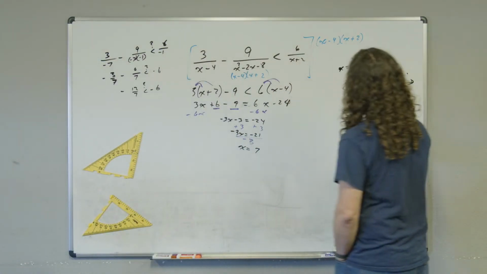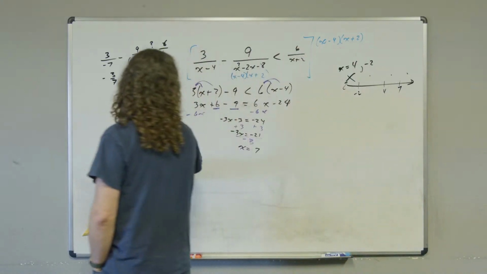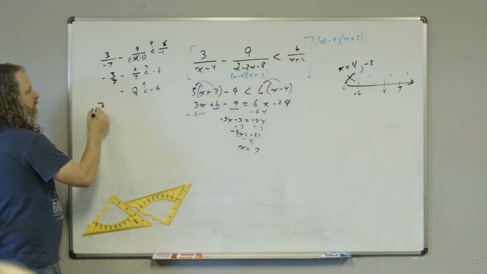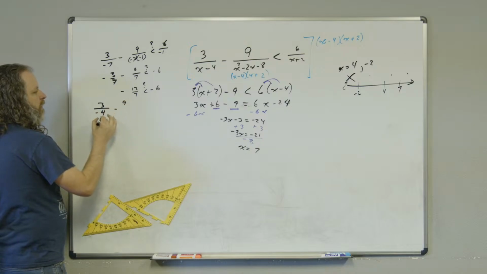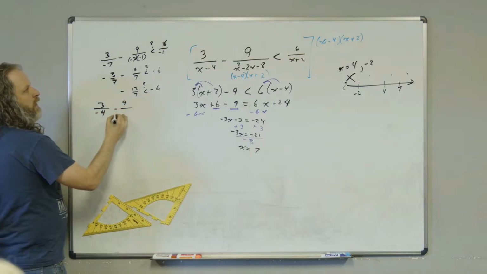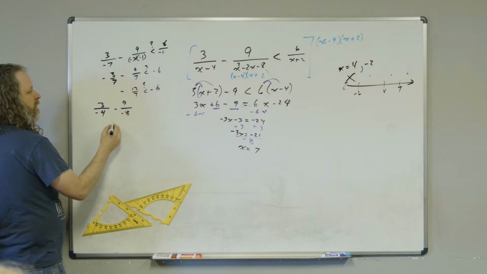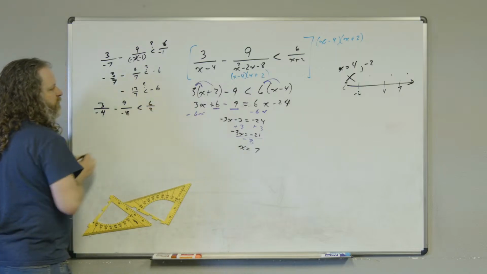So now we've got to check over here. 0 sounds great. 3 over negative 4 minus 9 over negative 4 times negative 2, which is negative 8. Is that less than 6 over 2?